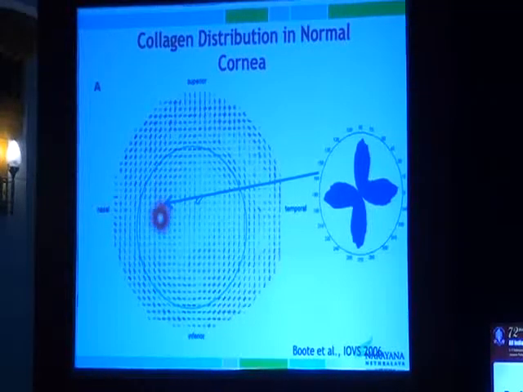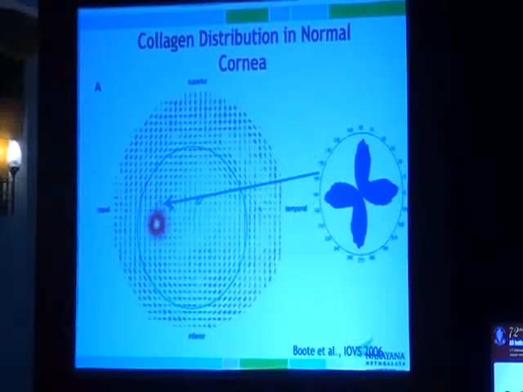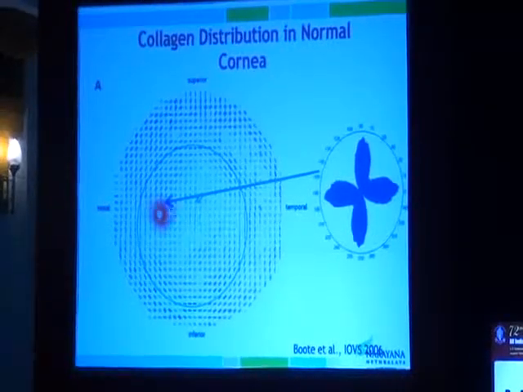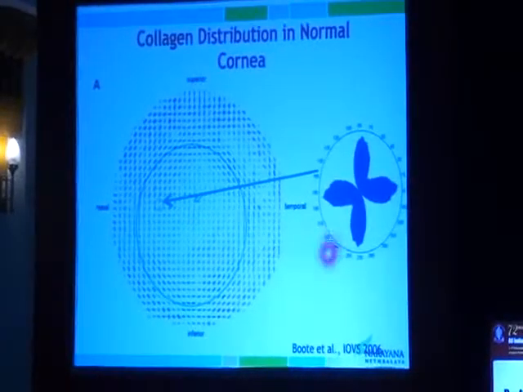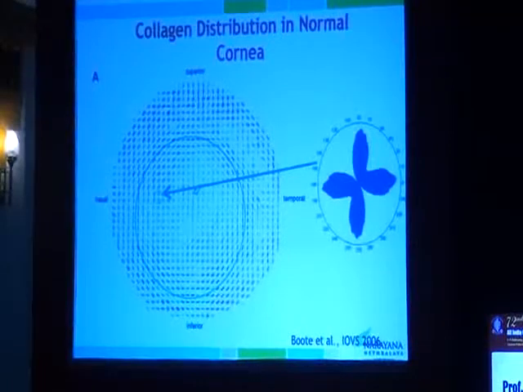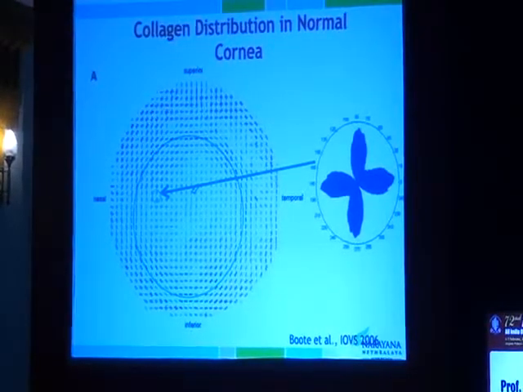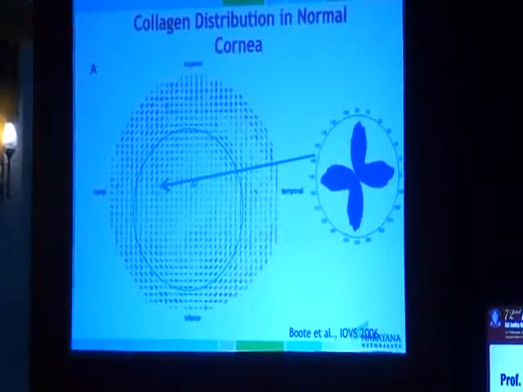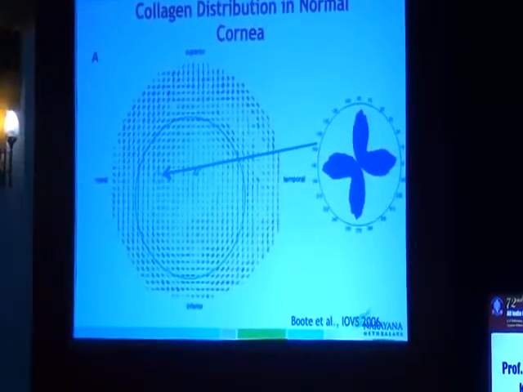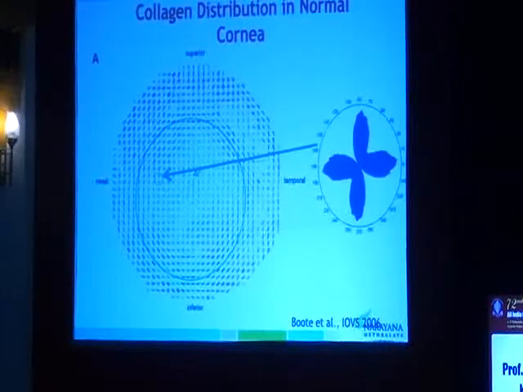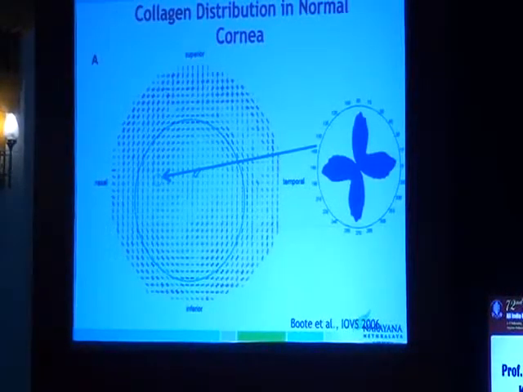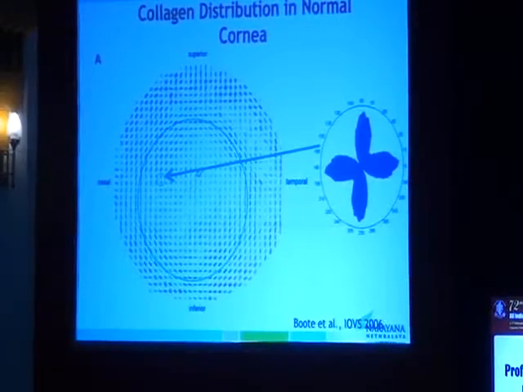As you can see here, these have been modified into this big picture. So it's a 2D construction of the fiber distribution, and across the central cornea, it's more of a star-crossed sort of construction. As you go peripherally, the fiber distribution becomes more disoriented.